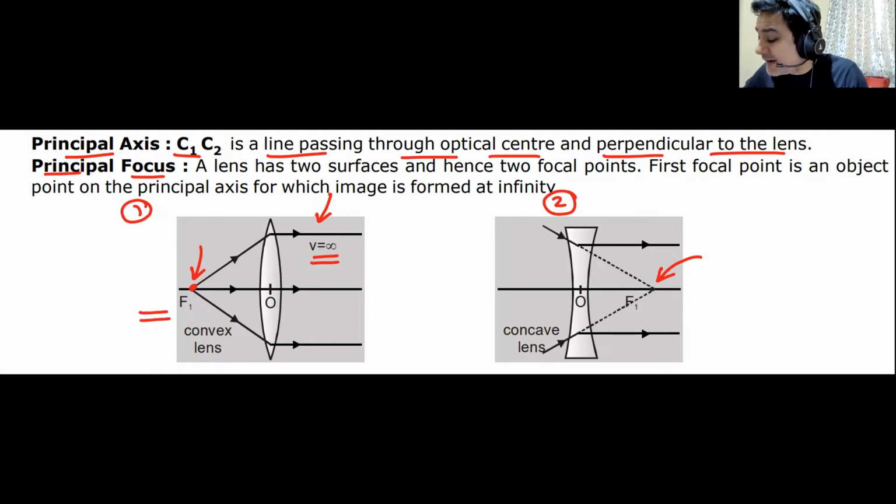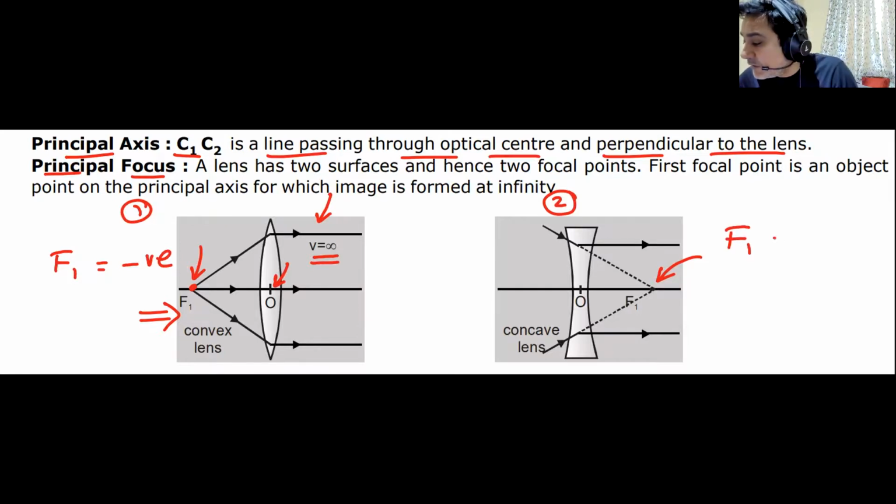And if I go by sign convention, here all the distances are measured from O. So first principal focus F1 will be negative for convex lens, and the first principal focus F1 will be positive for a concave lens.